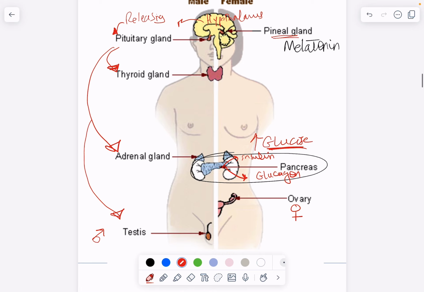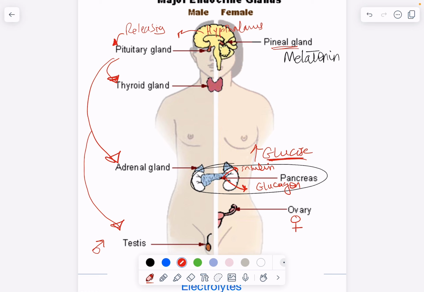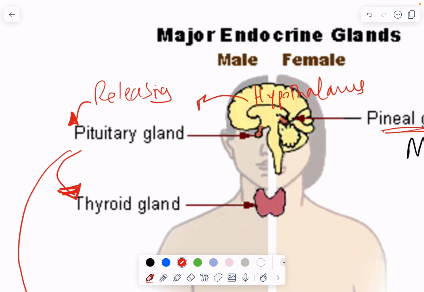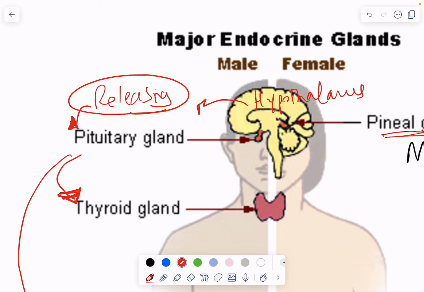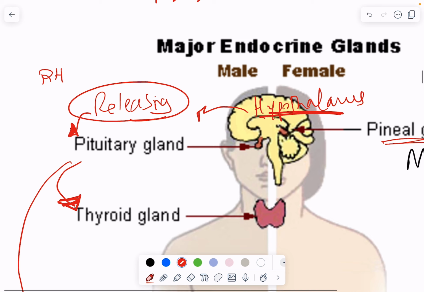Now, the pituitary gland releases two hormones that are considered acting hormones rather than tropic hormones. There's something called releasing hormones, like I told you, from the hypothalamus. These end with the suffix RH, for example, GnRH, let's say TRH. These are releasing hormones because they stimulate the pituitary to release other hormones, and so they do not act directly at the end tissues.